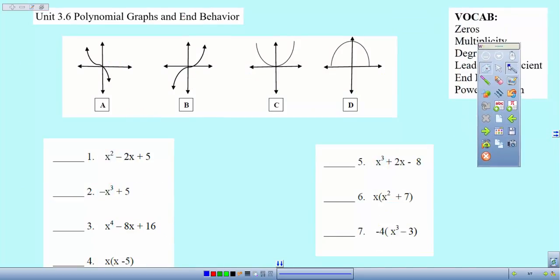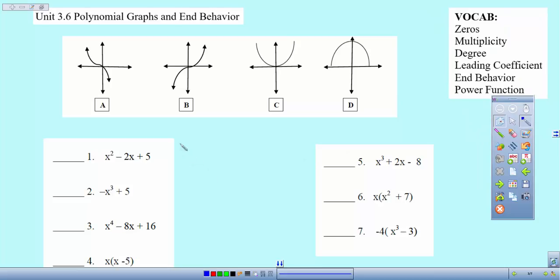In this case, the main thing I want to make sure we understand is what the power function is. Before we start, remember the power function is the term with the biggest exponent. From this one we see that we have an x squared function.